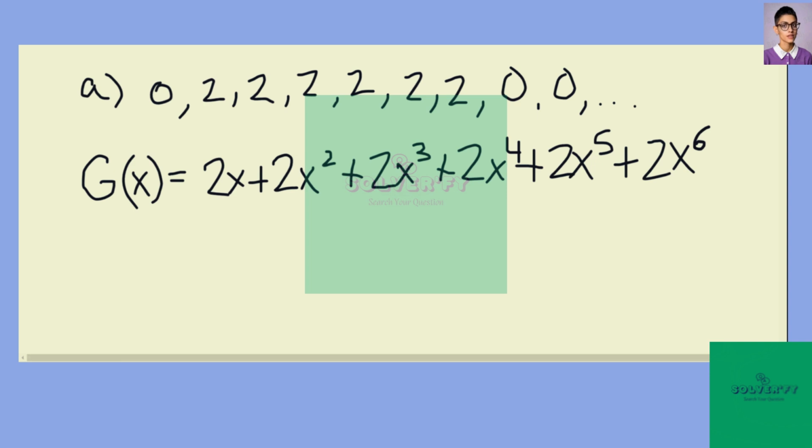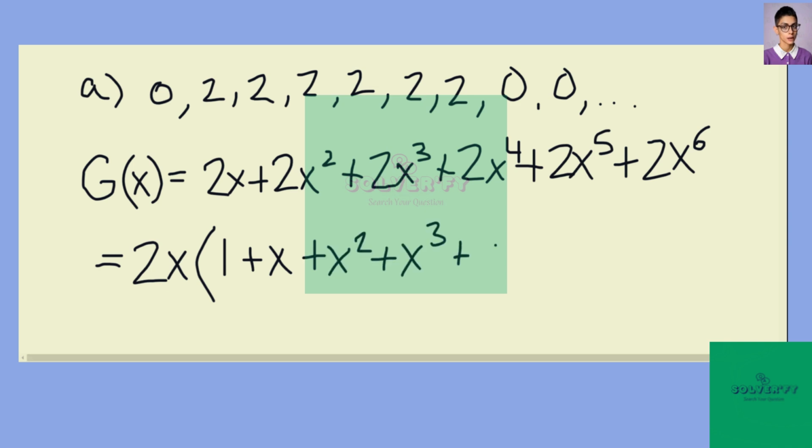And to write this in a closed form, factor out a 2x. So this is 2x times 1 plus x plus x squared plus x cubed plus x to the fourth plus x to the fifth.